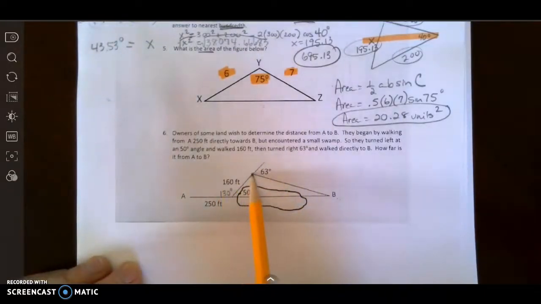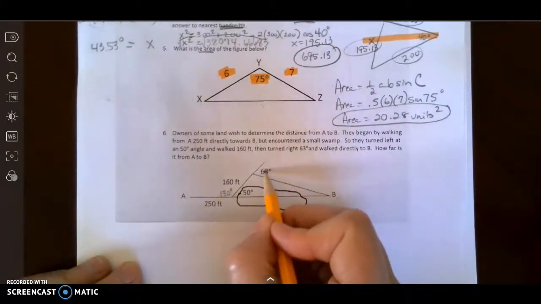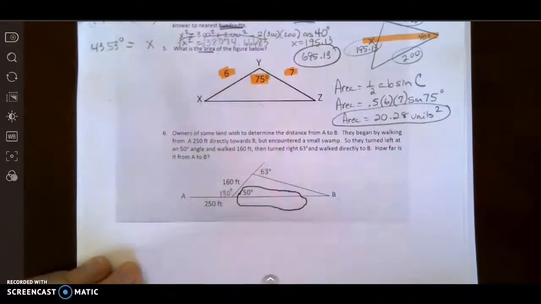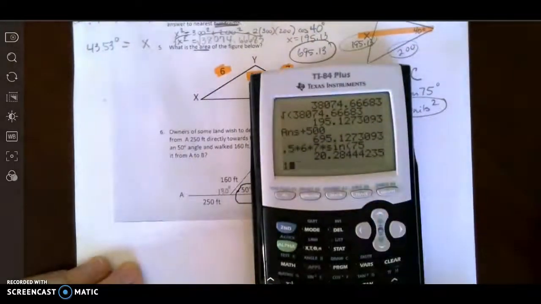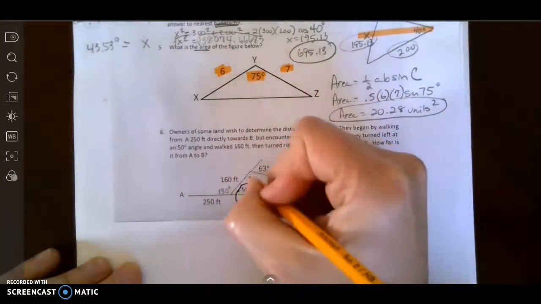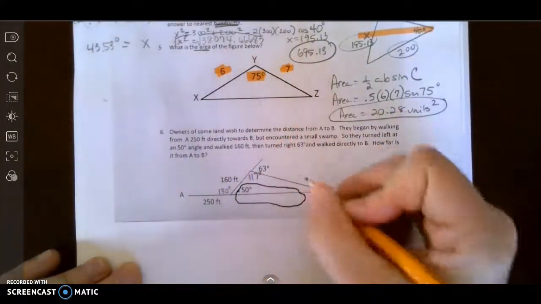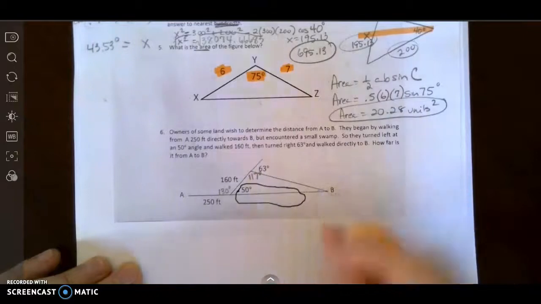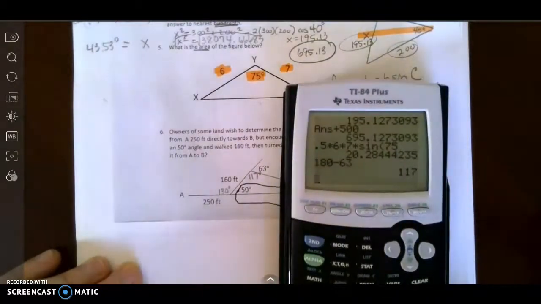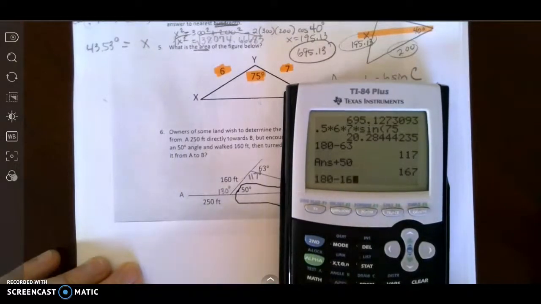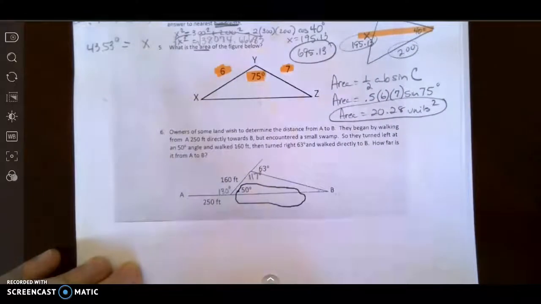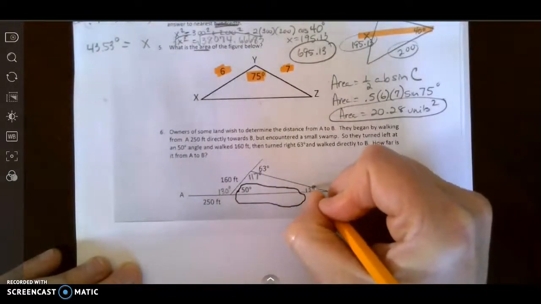Went 160 feet and then turn right 63, which means if this is 63, and this is a straight line, 180 minus 63, that's 117, which means I know this angle. So 117 plus 50 is 167. 180 minus 167 means this angle must be 13 degrees.